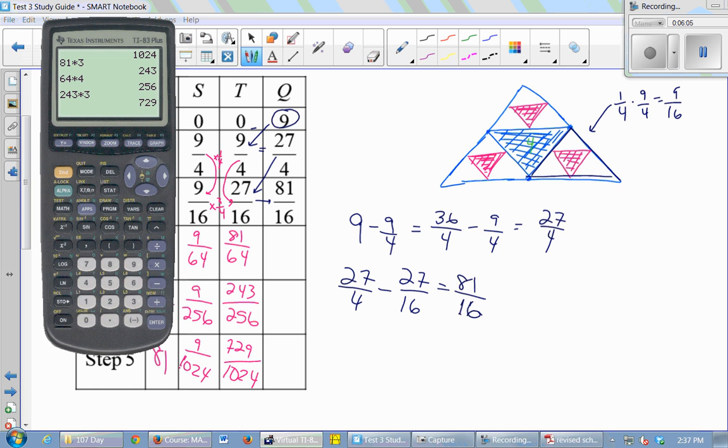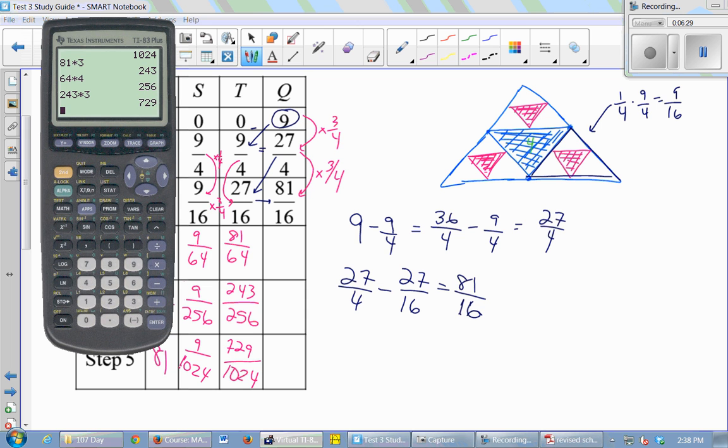All right, and then my last column, I am multiplying by 3/4 again. So 9 times 3/4 is 27/4. 27/4 times 3/4 is 81/16. I'm going to continue my pattern.